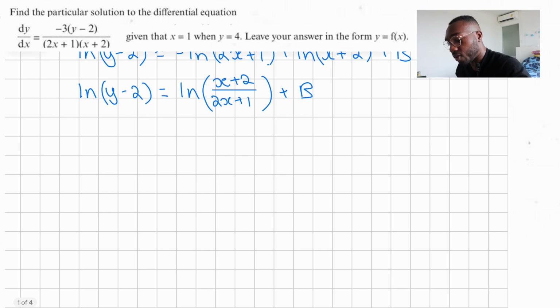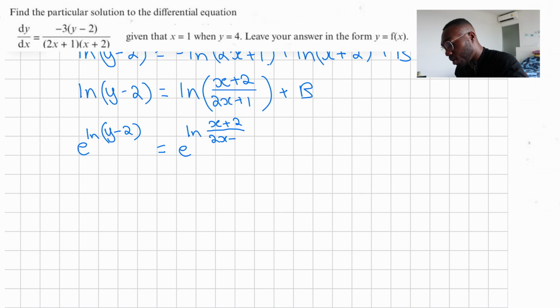So what we're going to do is raise everything to the e. If we do that, we get e to the ln(y-2), and that is equal to e to the ln((x+2)/(2x+1)) plus b.